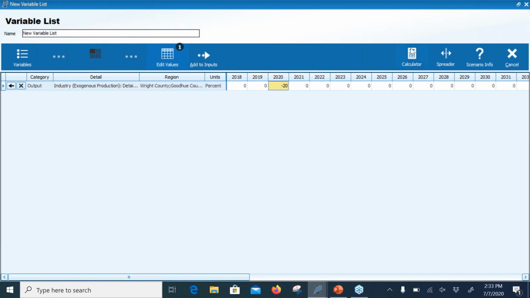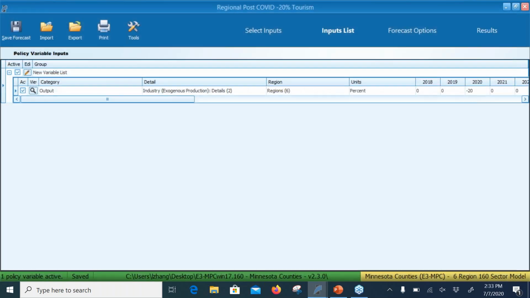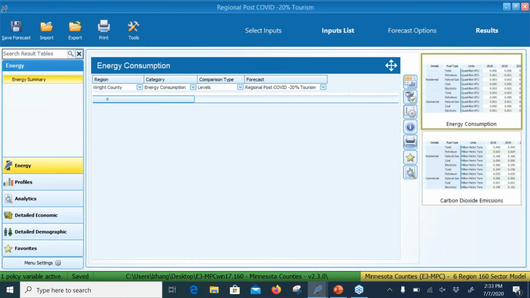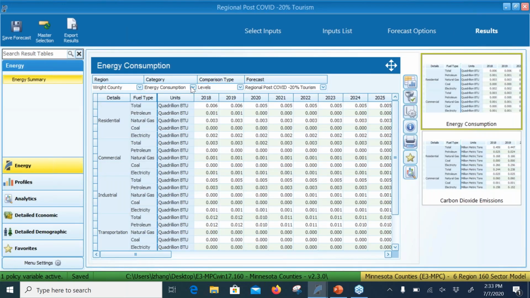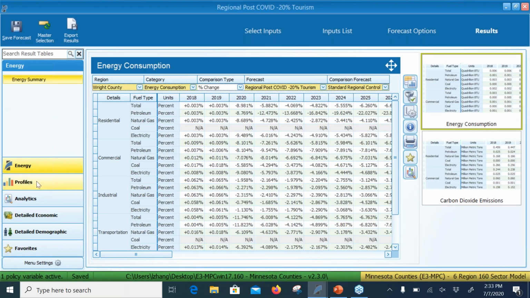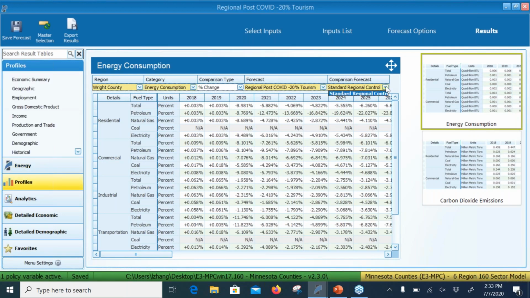And so how's that going to affect the outlook of the economy?